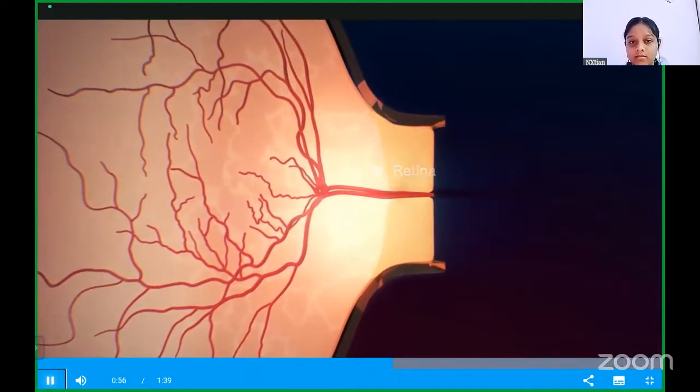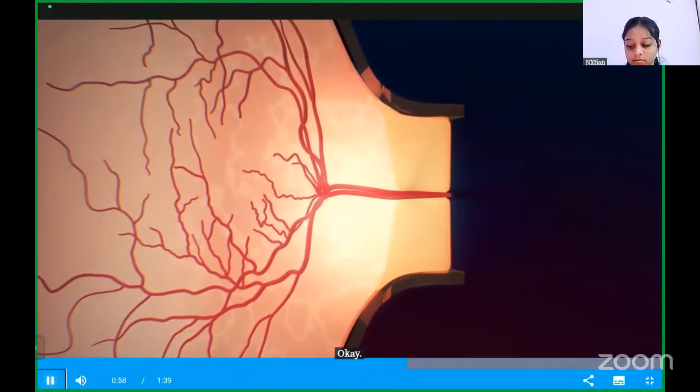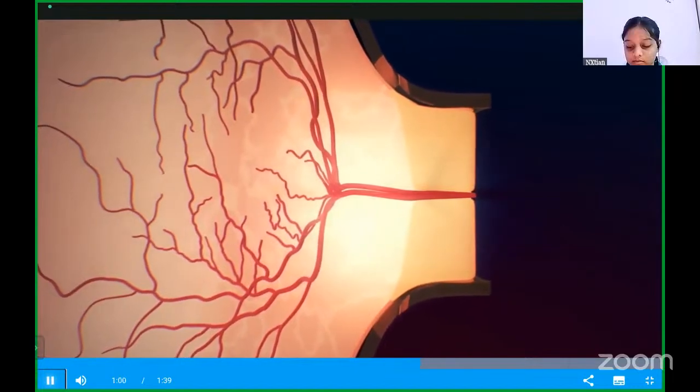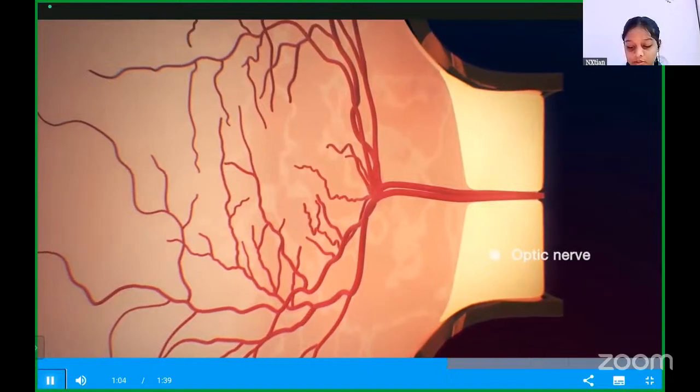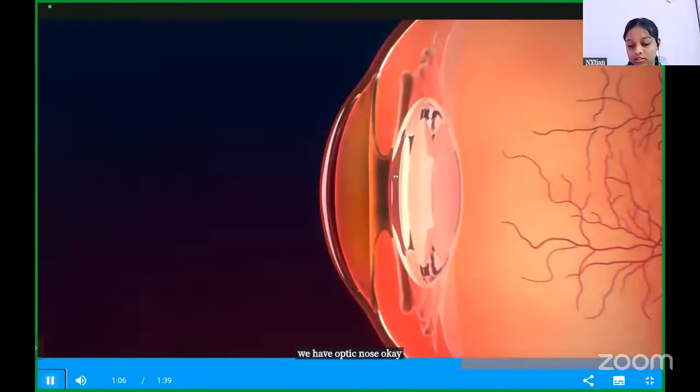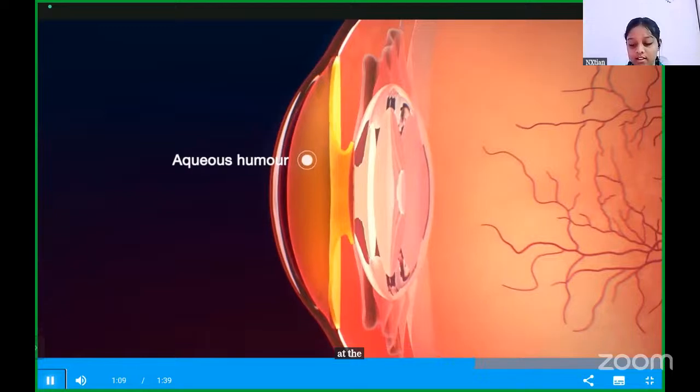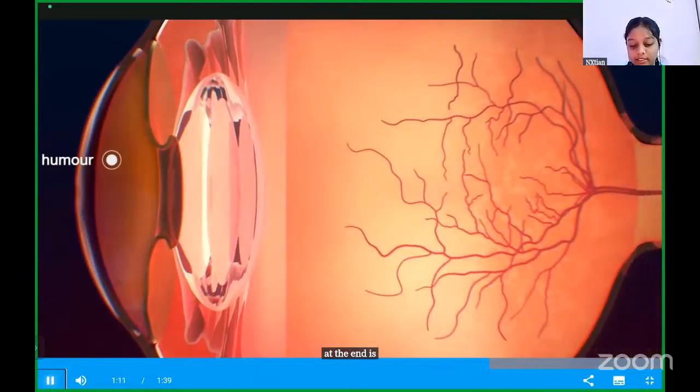We have optic nerves, all of these nerves, at the end is the optic nerve.